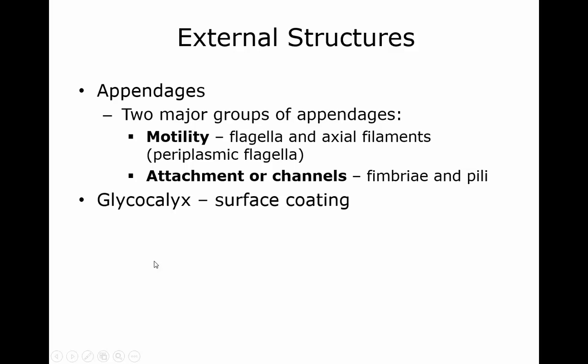Now, the appendages, or the things on the outside, are for motility. That would be your flagella and your periplasmic flagella and your axial filaments. And then sometimes they are to help attach it to things or to provide a channel for something to move through. And that's the fimbriae and the pili, the little hair-like structures. That glycocalyx is a surface coating, and it's kind of like a cloak.